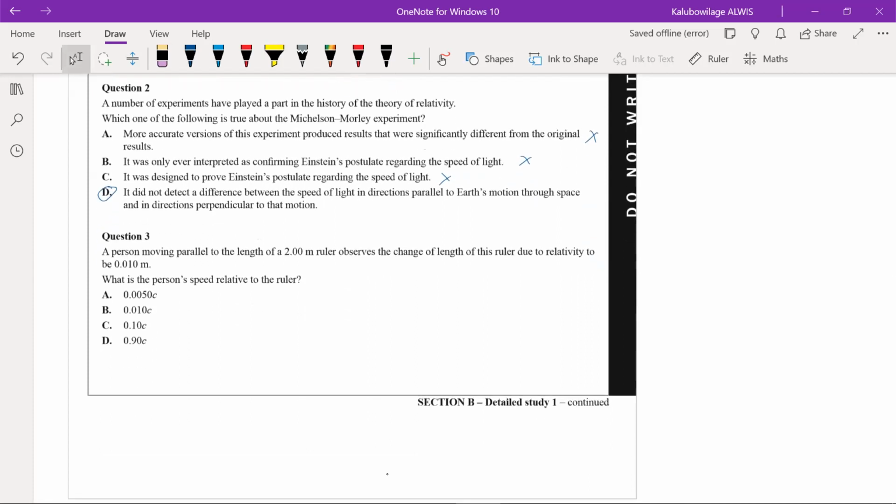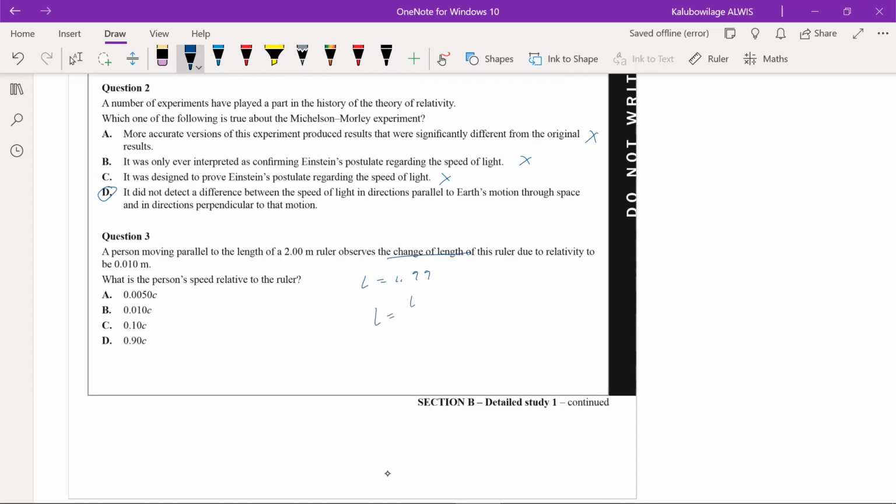And 3, a person moving parallel to the length of a 2-meter ruler observes a change in the length of the ruler due to relativity. Okay. So be careful, it says change of length. So the length observed is 1.99.